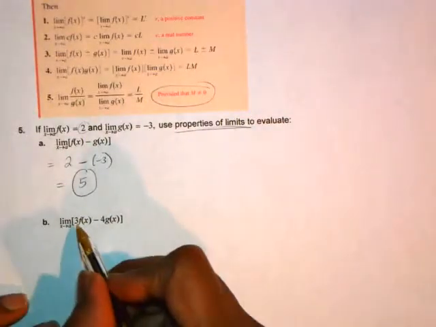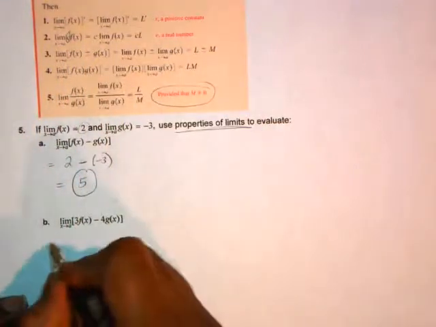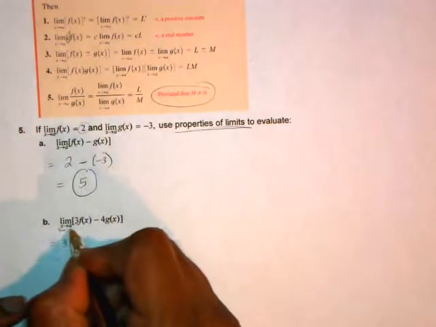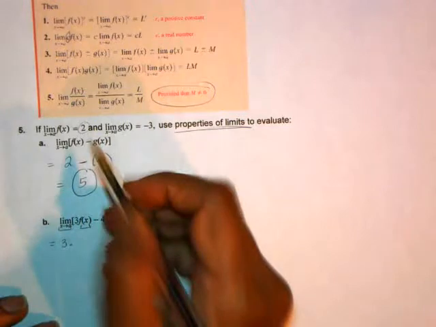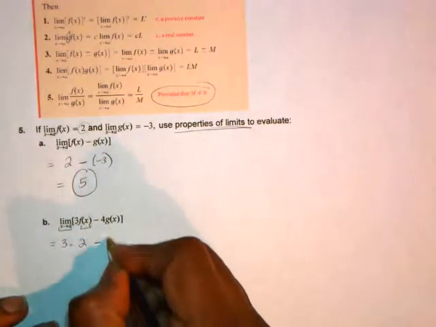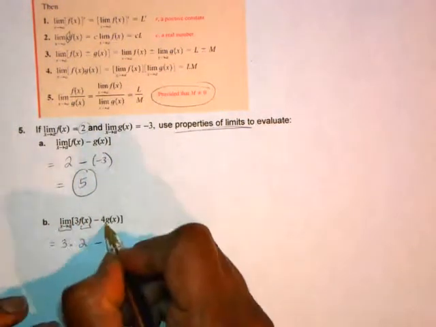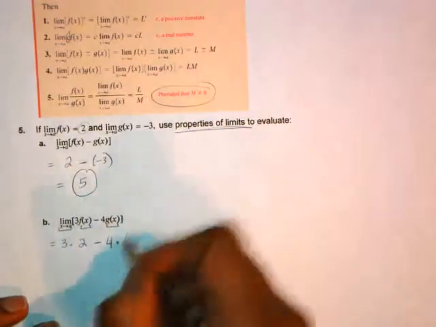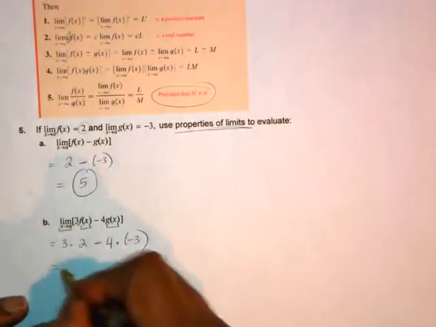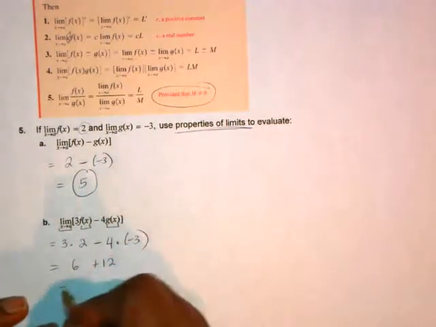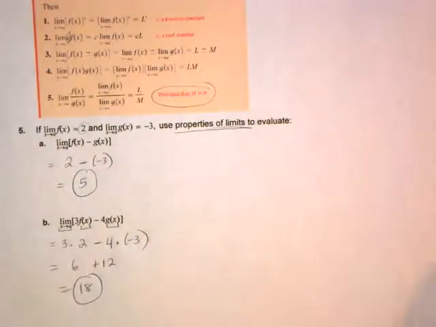Now here we're using the scalar multiple property. If you have c multiplied, so you have 3 multiplied, just multiply it to the limit of f of x, which is 2, minus 4, a constant, multiplied with the limit of g of x, which is negative 3. So it's 6 plus 12, 18. And that's pretty much it.